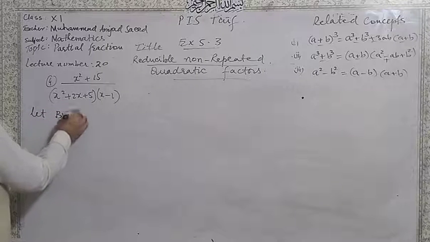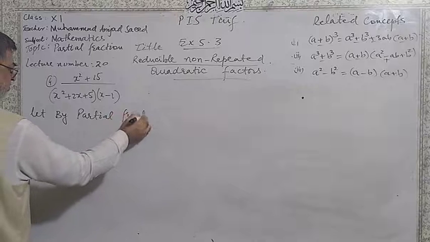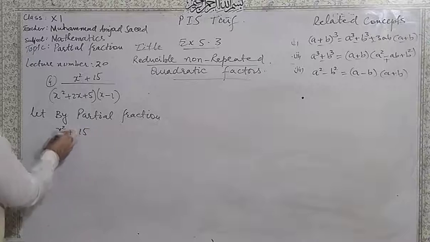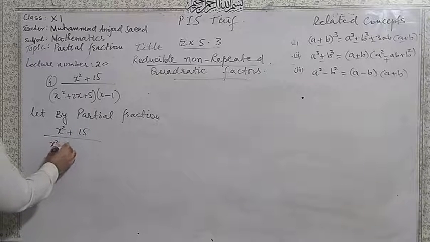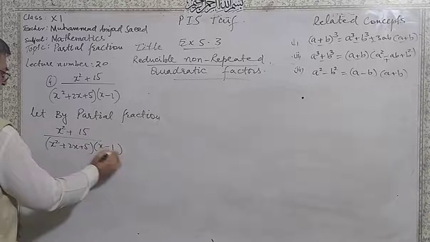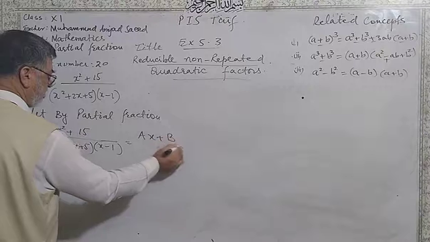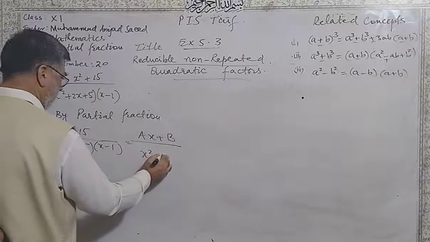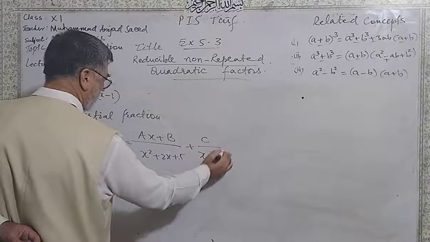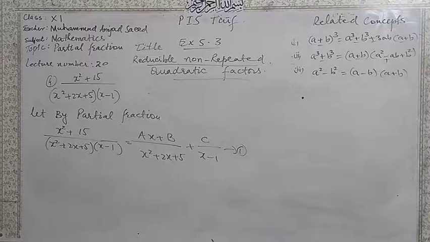Let the partial fraction of x square plus 15 over x square plus 2x plus 5 into x minus 1 be equal to ax plus b over x square plus 2x plus 5 plus c over x minus 1. This is your equation number 1.